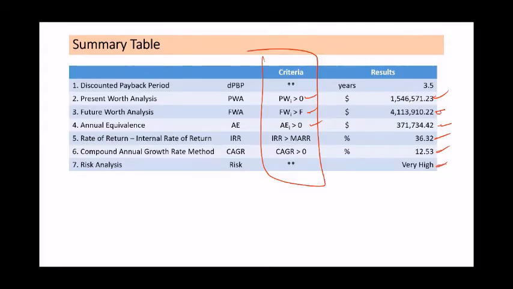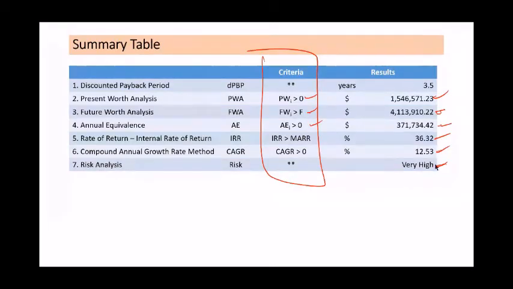What is that 10%, Faisal? Which one is more than 10%? CAGR? It is not. It is 12.53%, while MARR is 15%. But anyway, CAGR is greater than 0. So that is good already. But supposed to be, that should be greater than MARR.